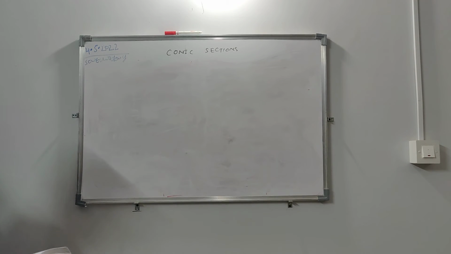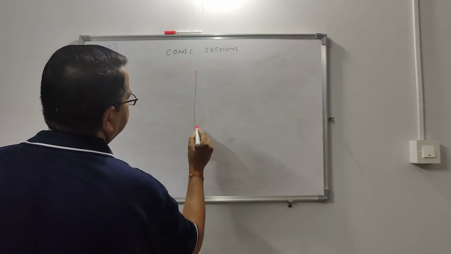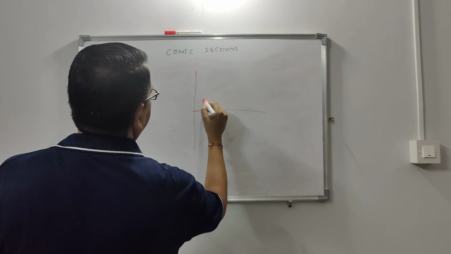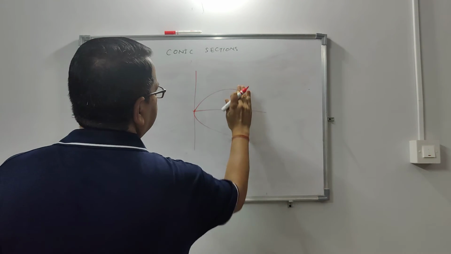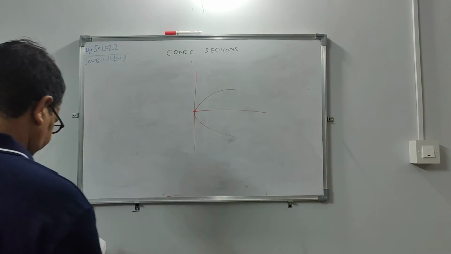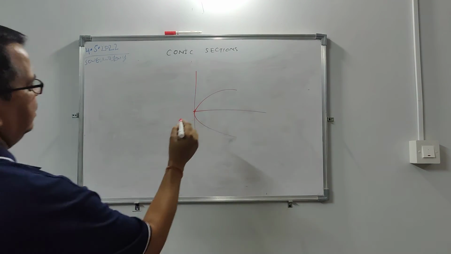So the latus rectum of a parabola is a line perpendicular to the axis of the parabola through the focus, whose end points lie on the parabola. So this is my parabola, and this is my focus.